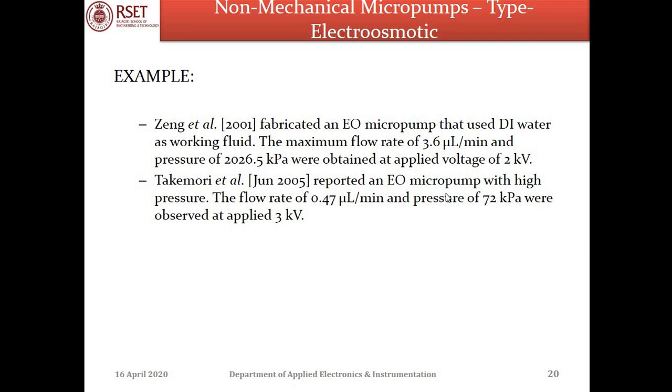Similarly, another EO micropump with high pressure was constructed wherein the flow rate was about 0.47 microliter per minute and the pressure was about 72 kilopascal when a voltage of 3 kilovolts was applied.